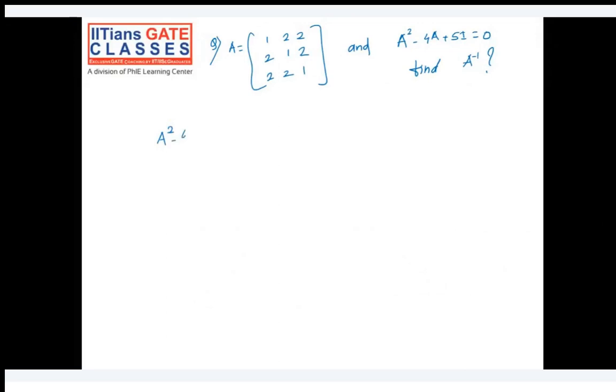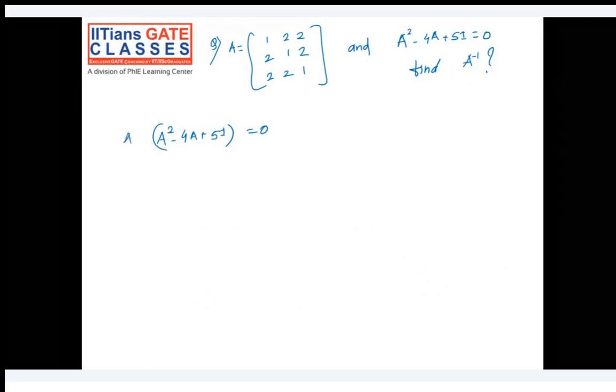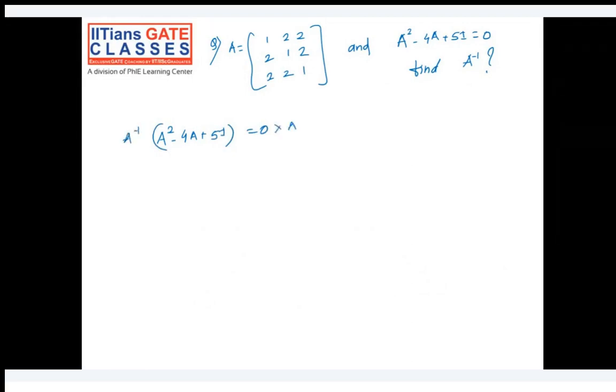You can multiply with A inverse on both sides. A inverse into A square is A, minus 4 times I, plus 5 times A inverse equal to A inverse into 0, which is 0.